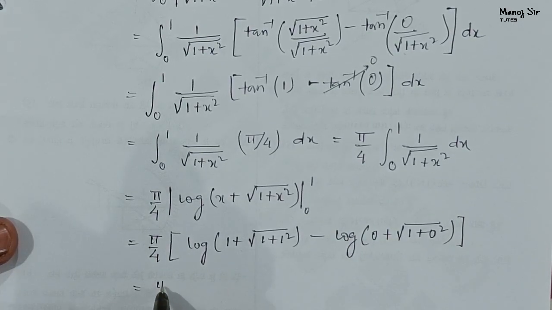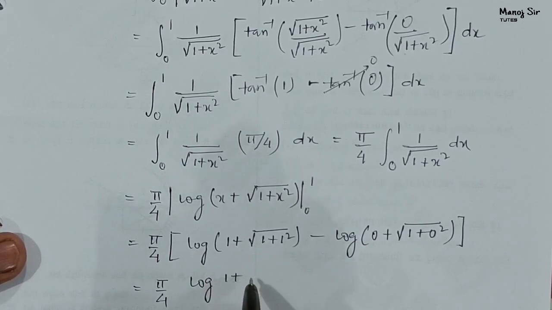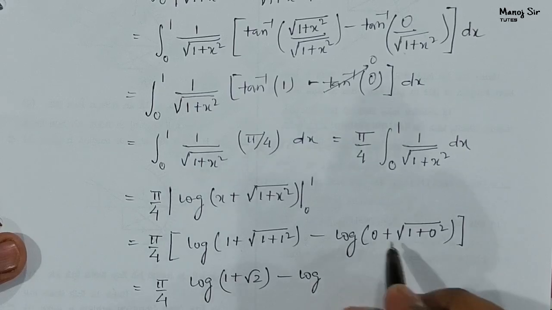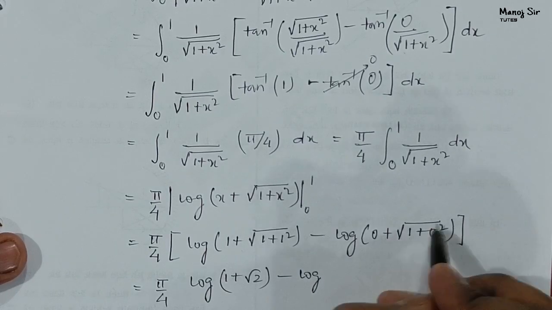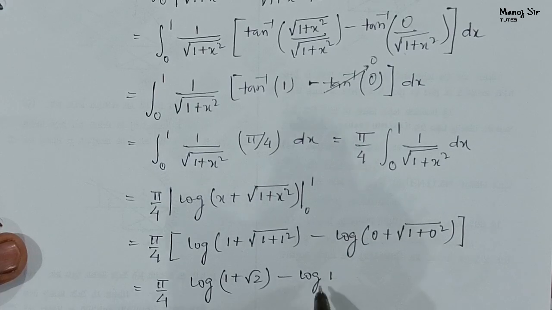Now solve this, you will get pi by 4 log of 1 plus, this will be 1 plus 1 square, that is root over of 2. So 1 plus root over of 2, minus log 0 plus root over of 1 plus 0 square, that is root over of 1, that is 1. So we can say this is log of 1.